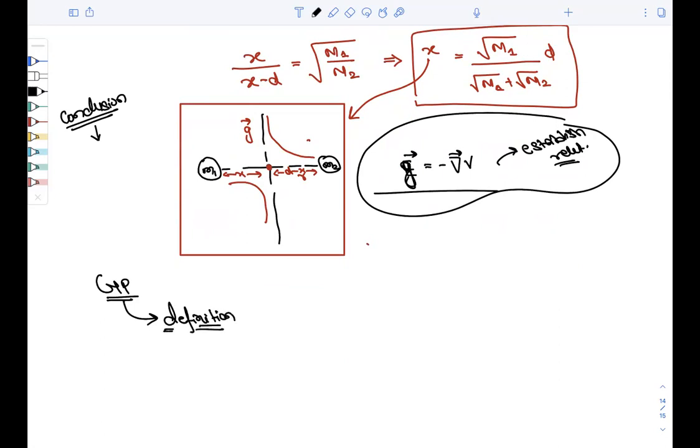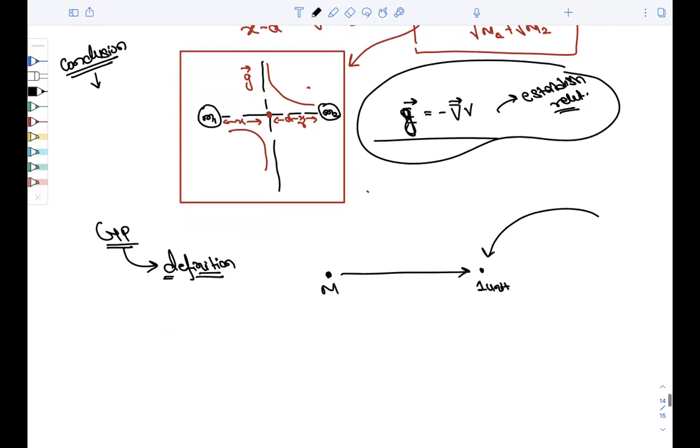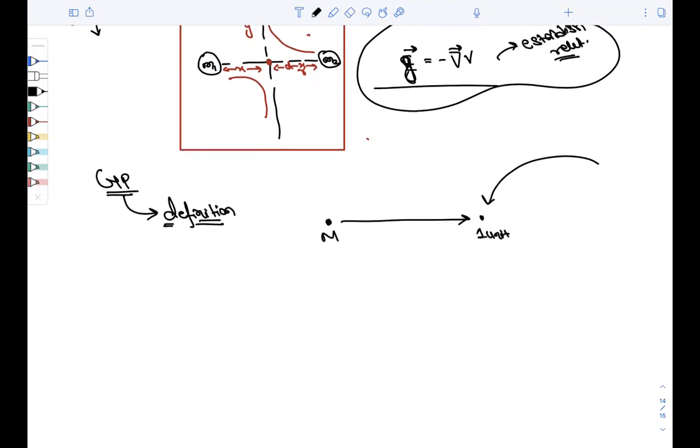If you bring a unit mass from infinity to a point in the presence of a massive particle, then the potential energy between them will be the gravitational potential at that point. So gravitational potential is the work done in bringing a unit mass from infinity to a point, right?